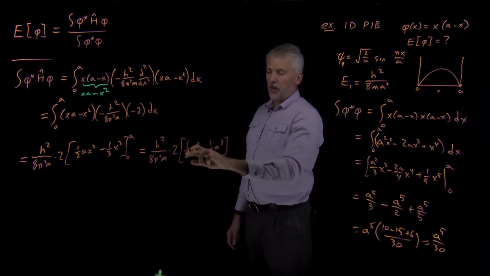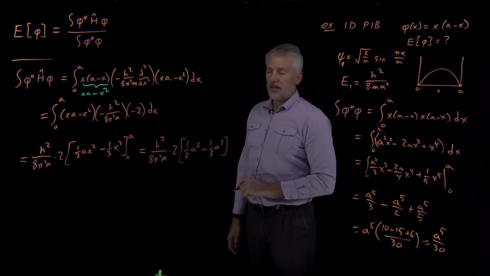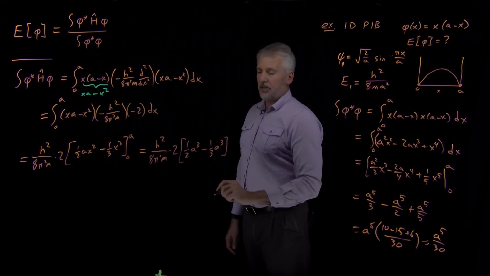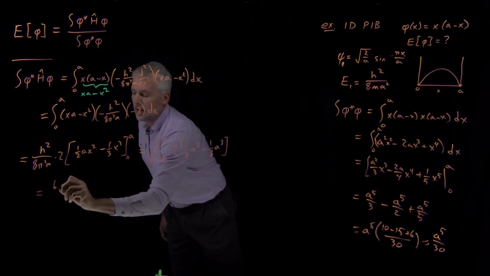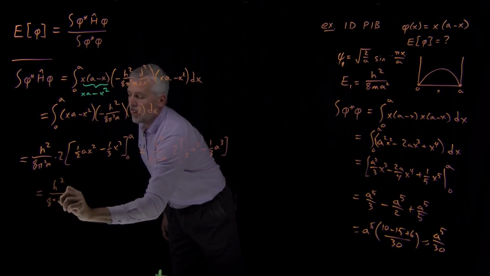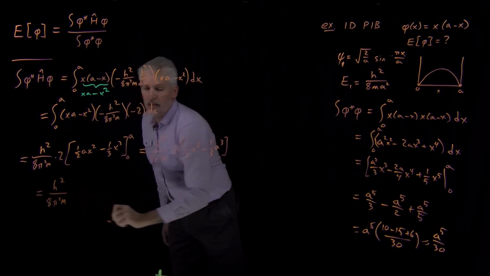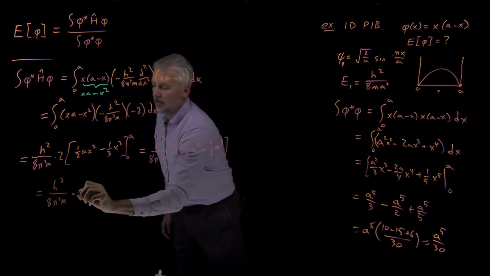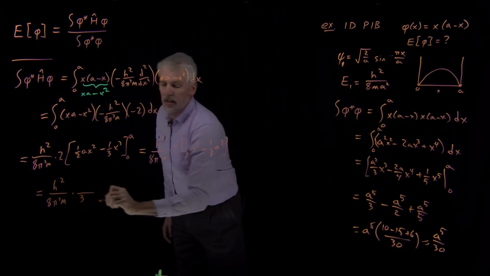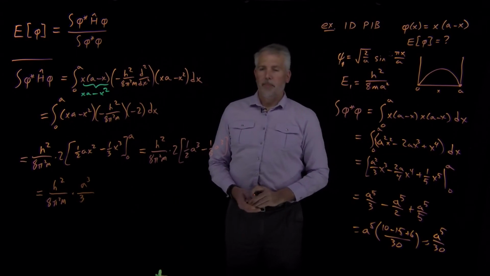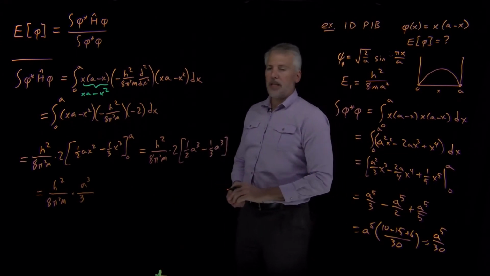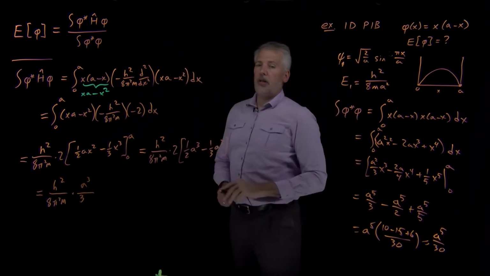So the net result, 1/2 minus 1/3 is a 1/6. 2 times a 1/6 is a 1/3. So I can write my result as h squared over 8 pi squared mass. 2 divided by this 6 is 1 over 3. And I have an a cubed on top.